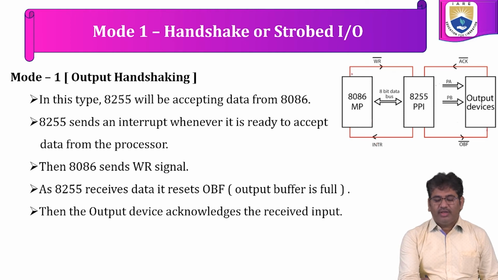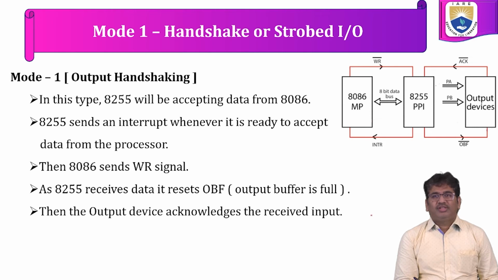Then 8086 will send a write signal. As 8255 receives the data, it resets the output buffer full, because output buffer full is an active low signal. Then the output device acknowledges the received data on the line ACK.